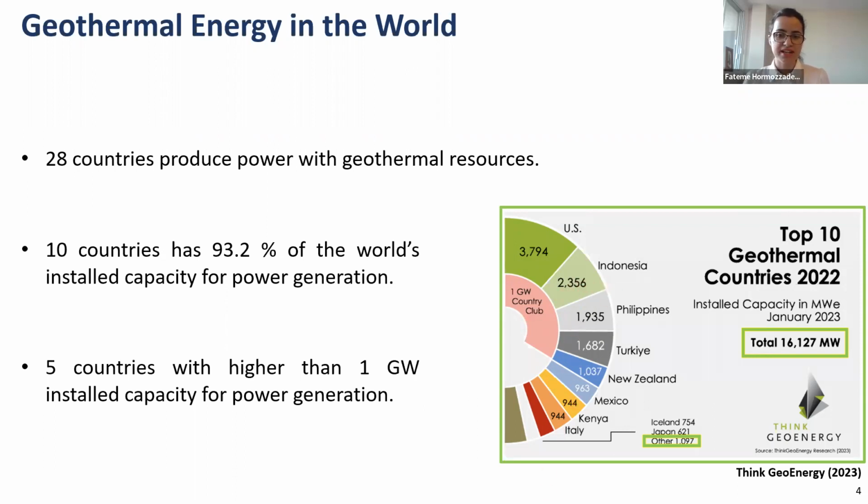This plot shows how small the installed geothermal power generation capacity in other countries in the world is, compared with these top 10 countries. However, there are 18 countries, including Canada, that are now searching or studying for geothermal resources or installing these power generations.